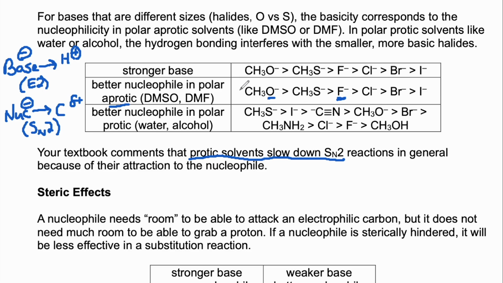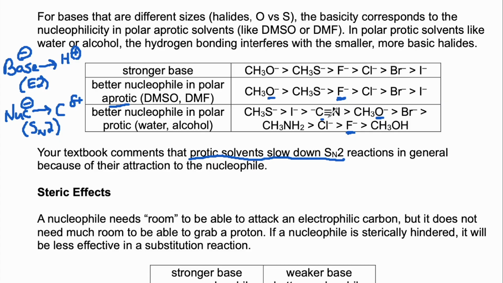So you'll notice that the O minus, instead of being the best one, is now only the 4th best one. And the fluorine, instead of being better than chlorine and bromine, is now worse than chlorine or bromine. So it's sort of changing the order of the halogens. The smaller the halogen, the worse it is when there are protons around to distract it from trying to do a substitution.